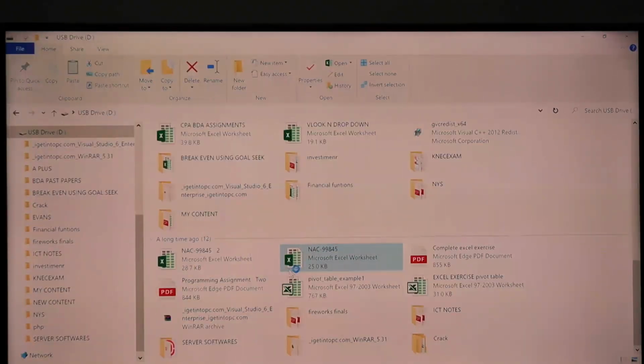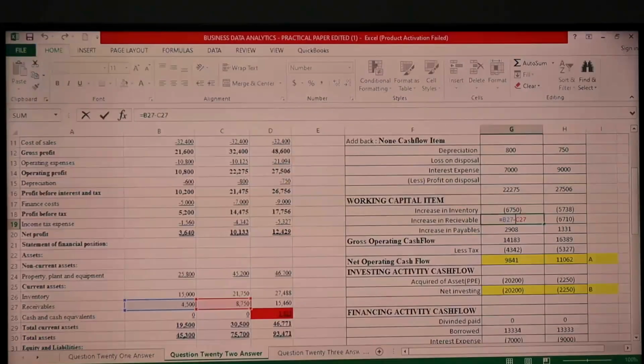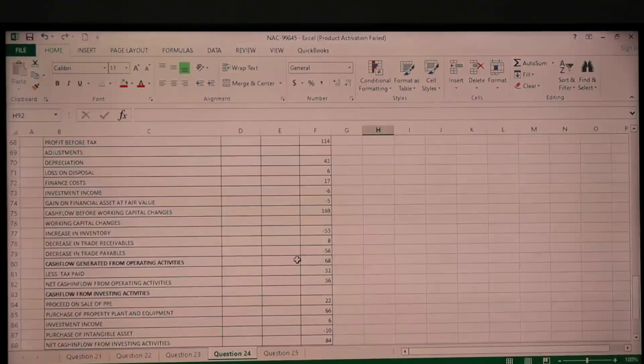So the worksheet that was done the last sitting, there were 5 questions. You're supposed to choose any 3. So you have to choose the questions very wisely. If you don't have any idea about a question, please don't go attempting such questions.